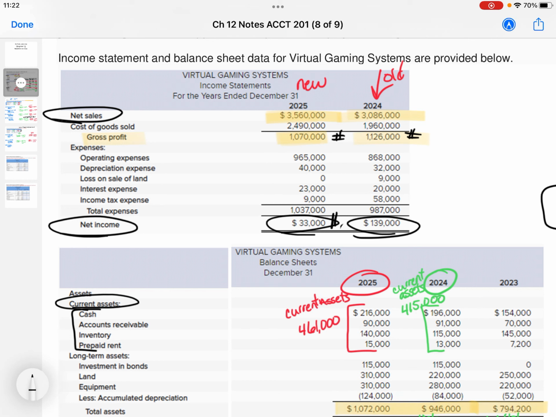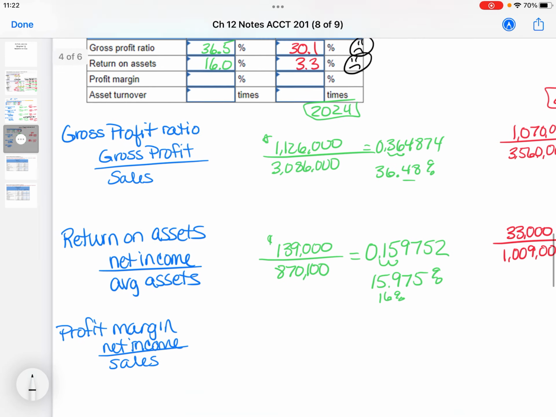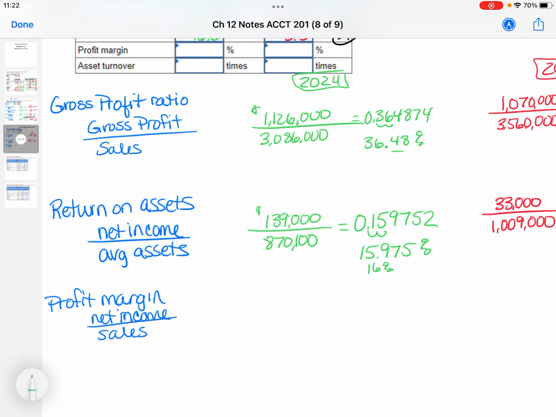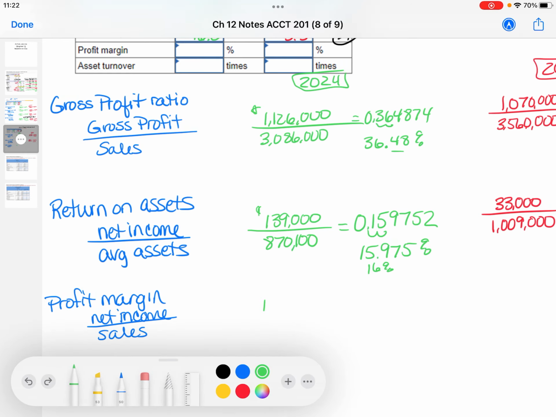So when we do the vertical analysis and we end up with a percentage number here, this number that we get is actually our profit margin ratio. So we're kind of calculating our ratios at the same time that we're doing our vertical analysis. So okay, those numbers are just given, nothing to calculate here. Just take net income and divide it by sales.